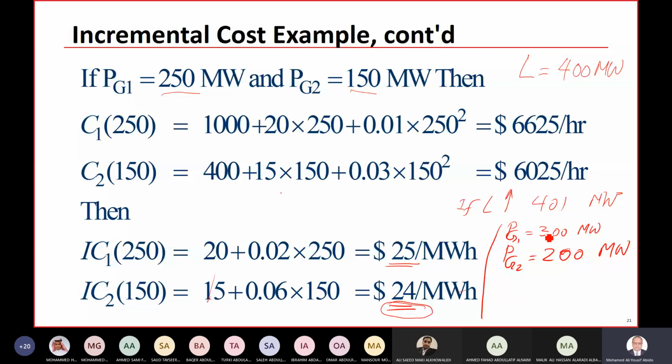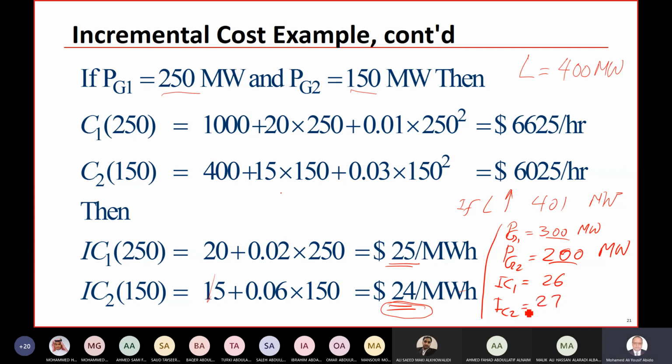So at this level of loading, how much is IC1? This will be 300 multiplied by 0.02, it becomes 6, plus 20, it becomes 26. IC2 for this level of 200 multiplied by 0.06, it becomes 12, plus 15, it becomes 27.